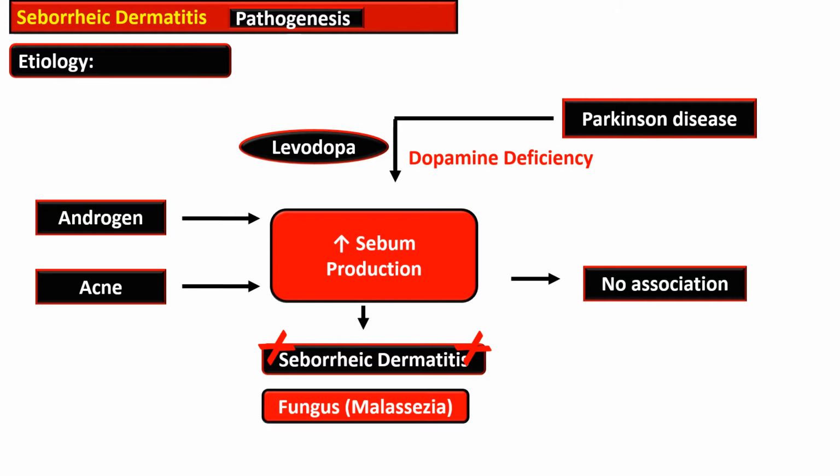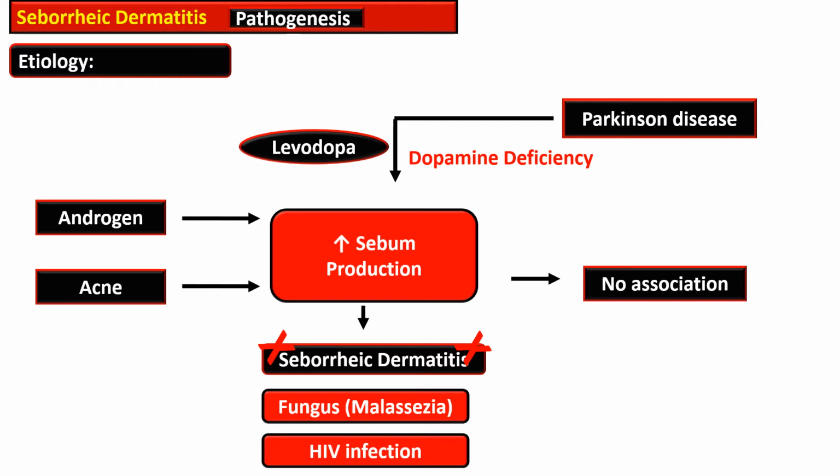There are suggestions that fungus such as Malassezia is also associated with seborrheic dermatitis. Colonization of the skin by these fungi leads to increased sebum production and seborrheic dermatitis.